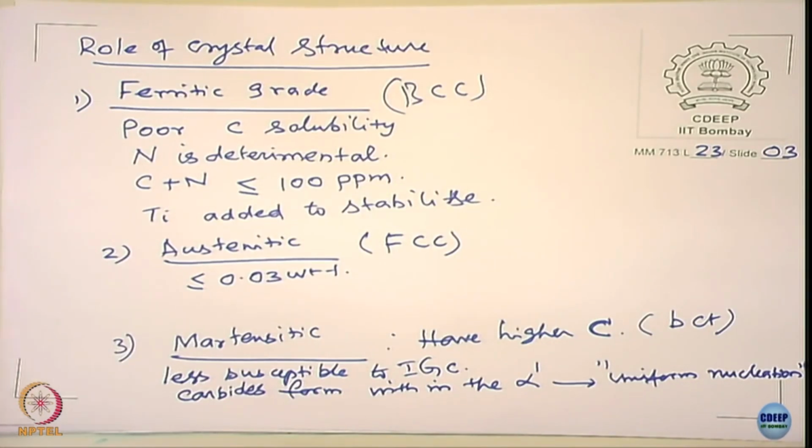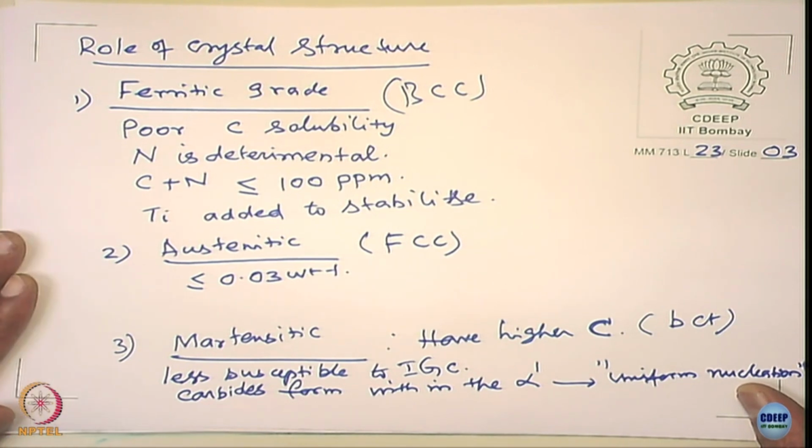But of course, if you keep on aging for a long time, they also can undergo intergranular corrosion, but generally they are not prone to intergranular corrosion. So, please understand the concept of intergranular corrosion in a proper manner actually. It is not the chromium carbide formation alone that is responsible. The chromium carbide formation at the grain boundary and the consequent depletion of chromium at the grain boundary is responsible for the intergranular corrosion of stainless steels.